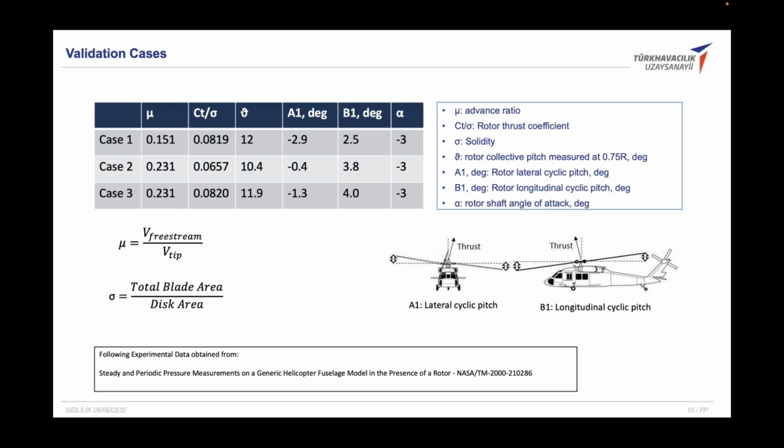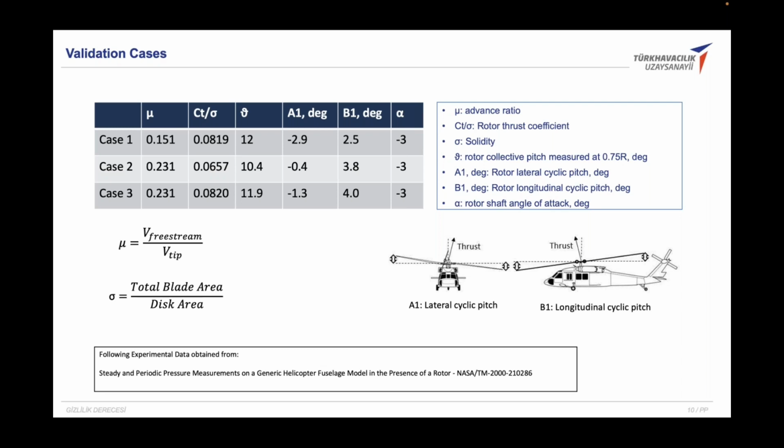And we can calculate thrust by thrust coefficient. That variable is solidity that I mentioned before, blade area over actuator disk area. Experimental thrust is calculated from this variable, and this collective pitch angle gives us the section twist. We calculate the section twist from this variable. Those two angles give us the lateral and longitudinal cyclic pitch.